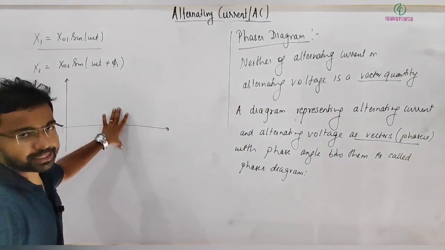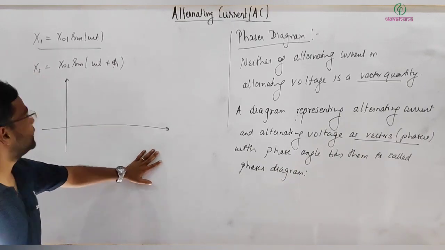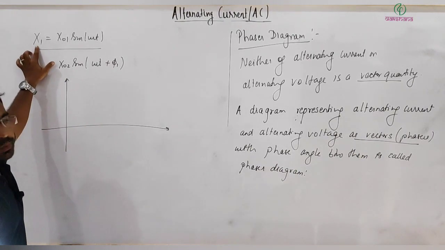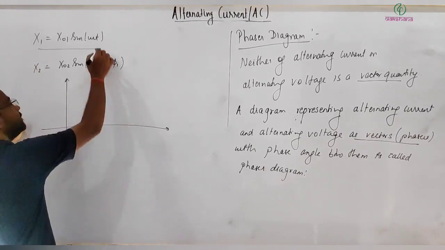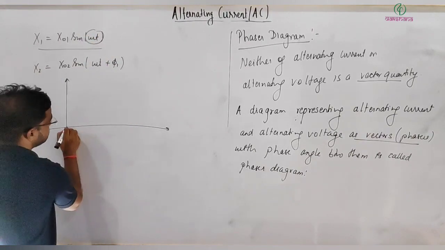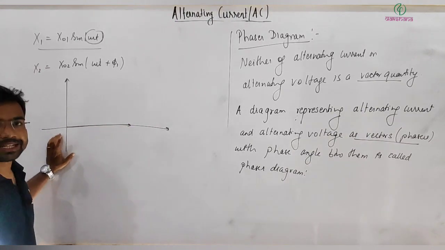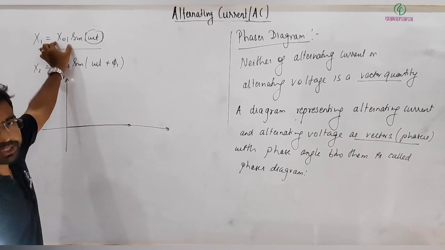So in the phasor diagram, if these two are alternating quantities, then I will treat this x1 as one vector, where I can take this phase as my reference, where the length of this vector will represent its amplitude.